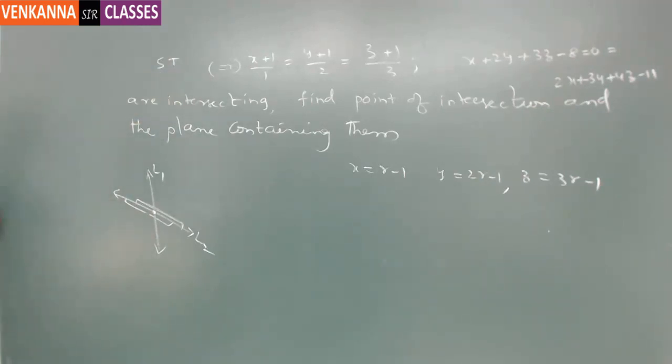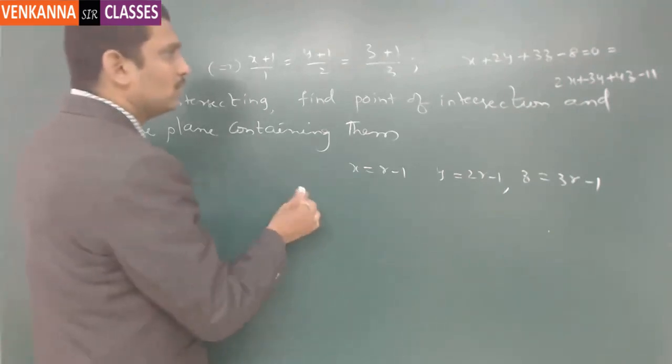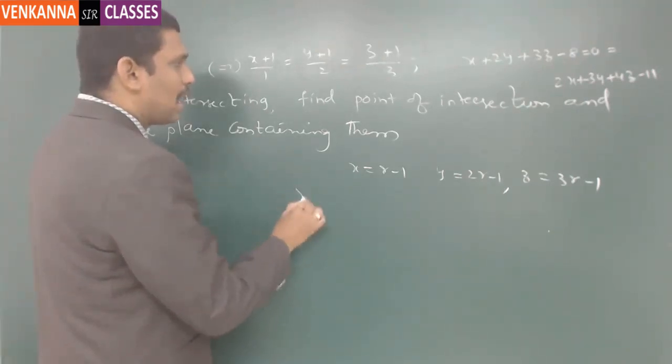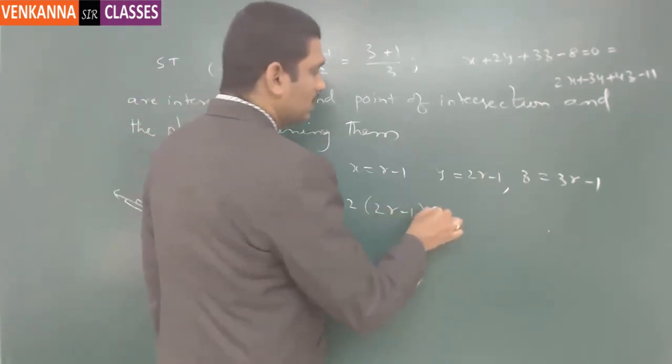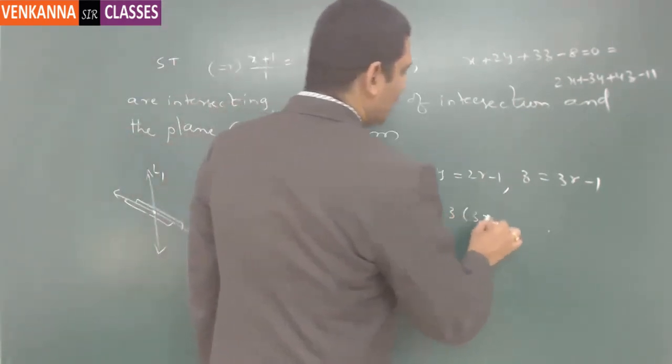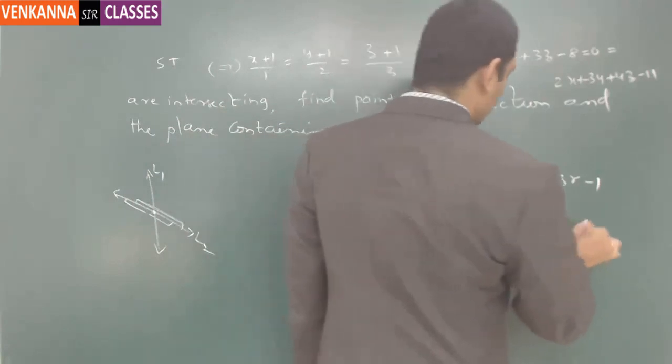So in order to determine the r value, you can consider any one plane and substitute the x, y, z coordinates there. So you have r minus 1 plus 2 into 2r minus 1 plus 3 into 3r minus 1 minus 8 equal to 0.